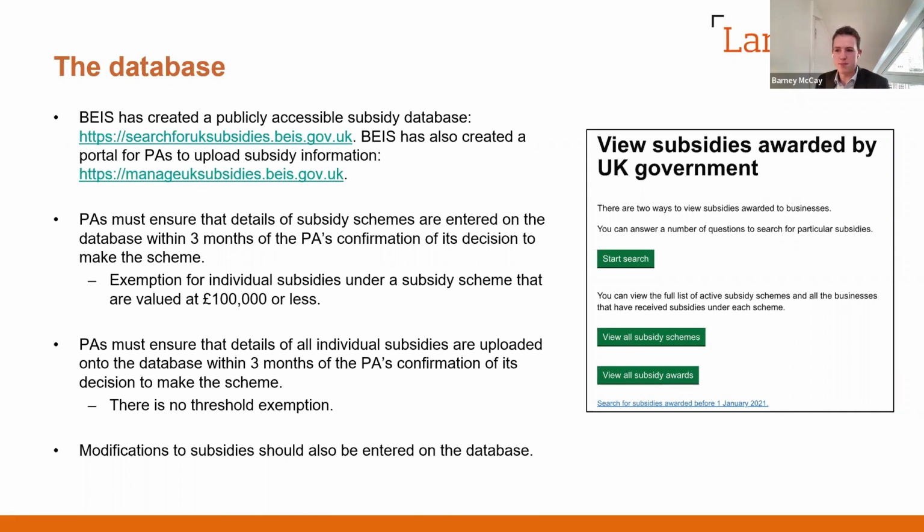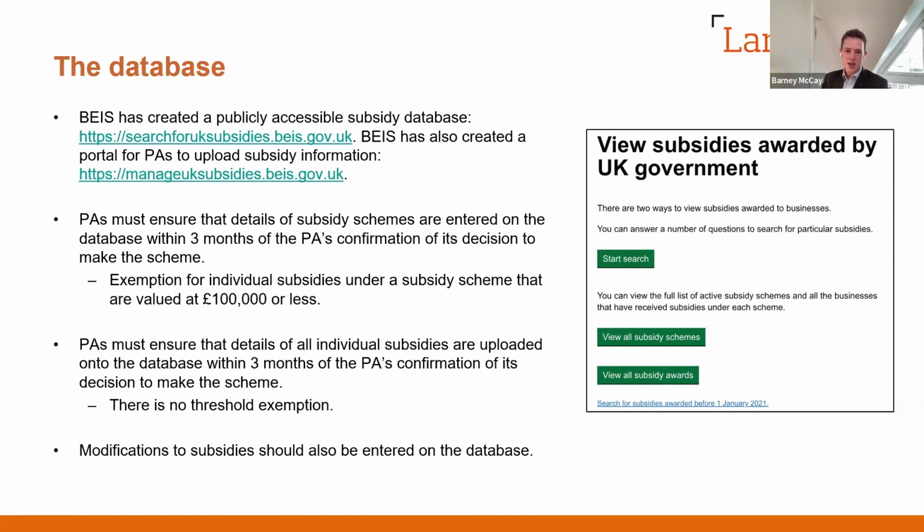For subsidy schemes, public authorities must ensure that the relevant information is uploaded onto the database within 3 months of the authority's confirmation of its decision to make the scheme. And there's an exemption. Authorities do not have to upload information with respect to individual subsidies that are granted under a subsidy scheme if those individual subsidies are valued at 100 grand or less. For individual subsidy awards, it's slightly different.